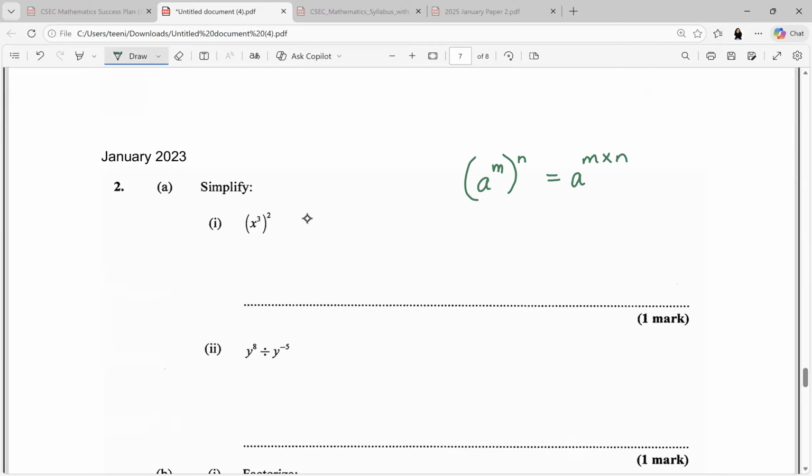So if you have x cubed all raised to the power of 2, what would be the answer? X to the power of what? Give it a try based on this law here. If you have a number a to the power of m, all raised to the power of n, then the answer is a to the power of m times n. So Shaniqua, what do you think would be the answer? If you have x cubed all raised to the power of 2, what would it be?